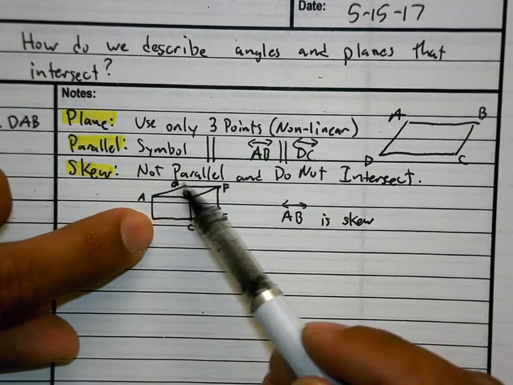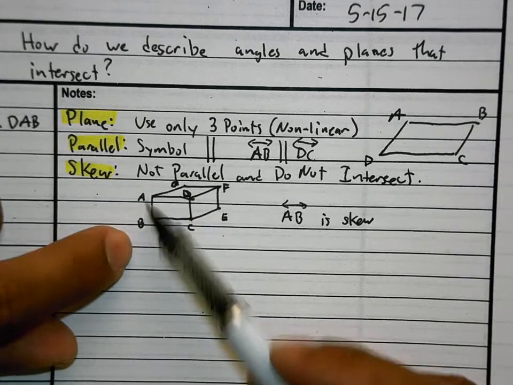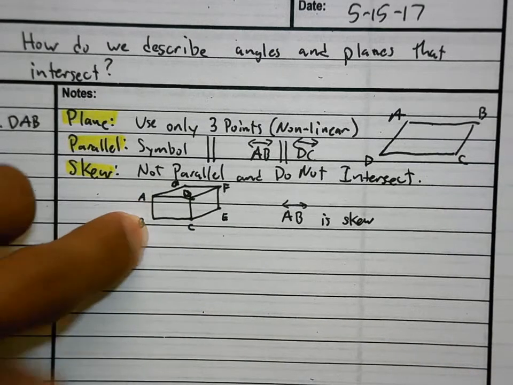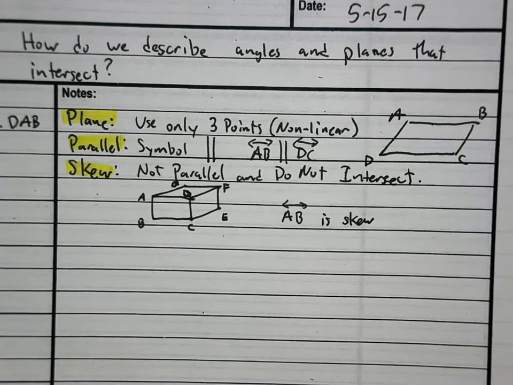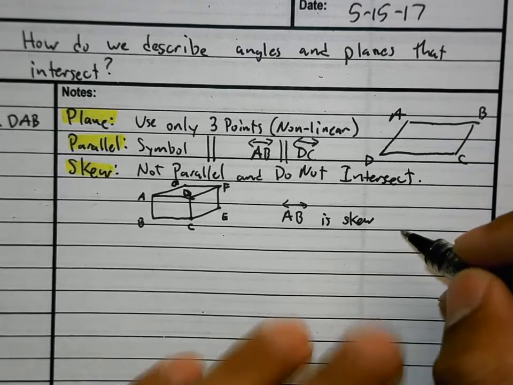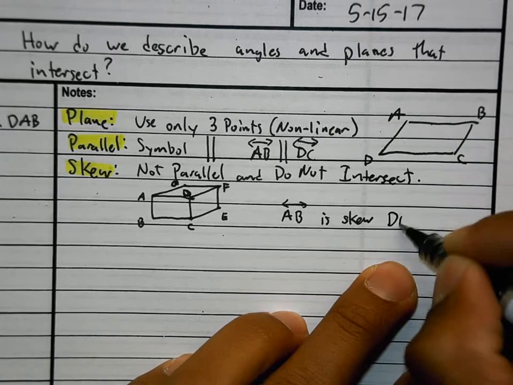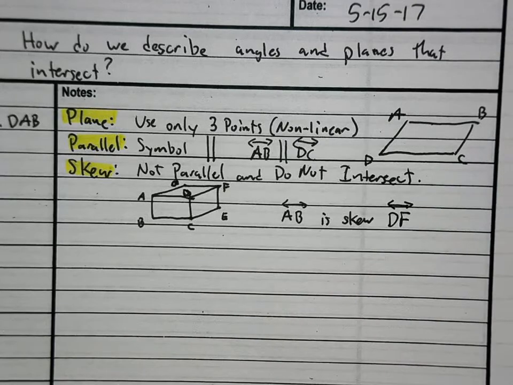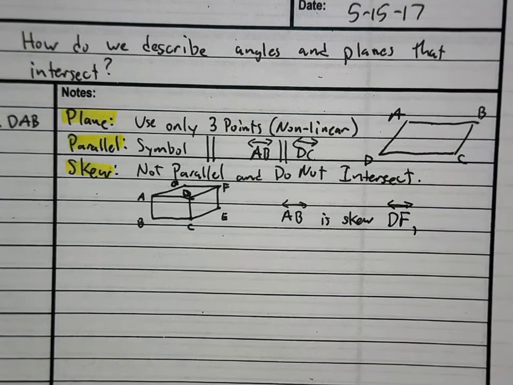I can't use GA because that intersects AB. I can't use AD because that intersects. I want something where I have one line going like this and the other line is going to go completely skew to it. Rachel? Line DF. DF works. I'm going to give you another example. AB is skew to DF.